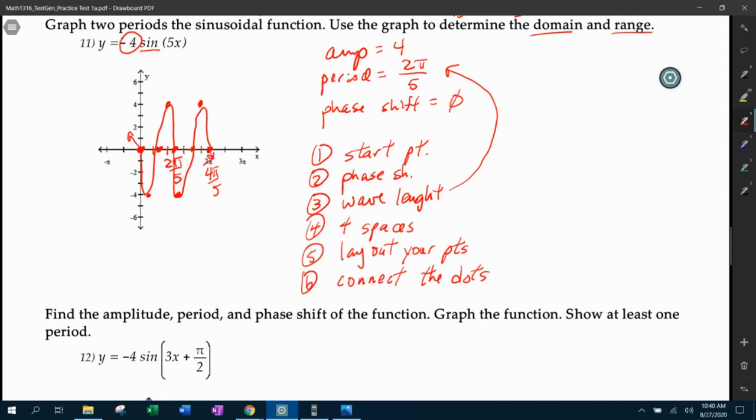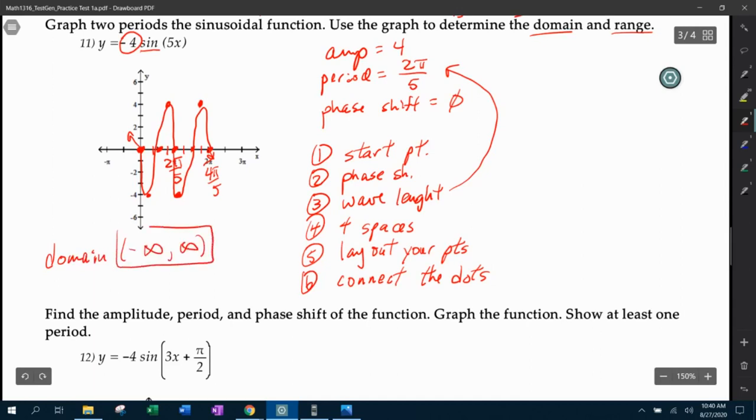Now then, for the domain and range, we know that this graph is going to continue infinitely in both directions. So the domain of any sinusoidal function is going to be -infinity to infinity. And for the range, the lowest that this graph ever gets to be is -4, from the amplitude.